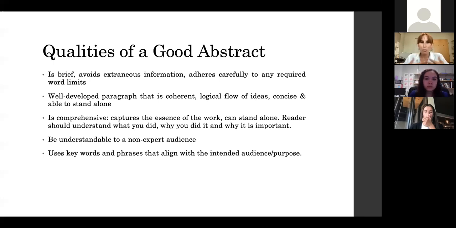You want to spoon feed them the information. If they have to work too hard to understand your abstract, they're going to get frustrated. I find that undergraduate students and even graduate students typically overestimate the knowledge of their potential reviewers.